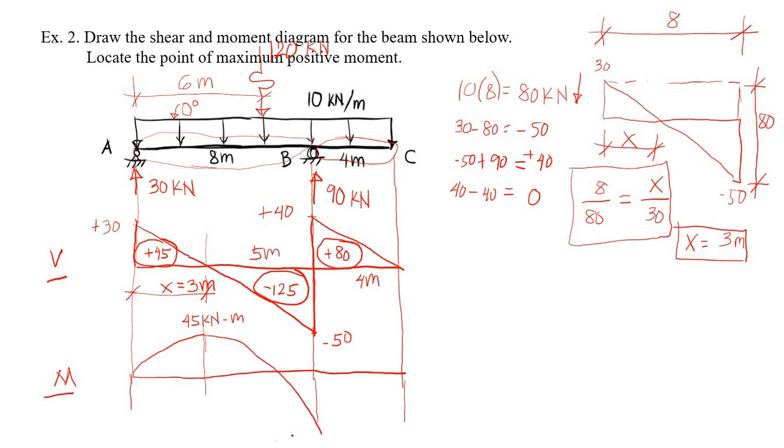And this must be negative 80 kilonewton meter. Negative 80 plus 80 is 0, so this closes to 0. So this is now our moment diagram.